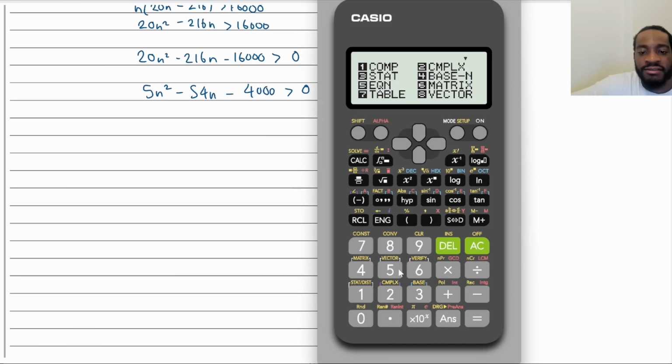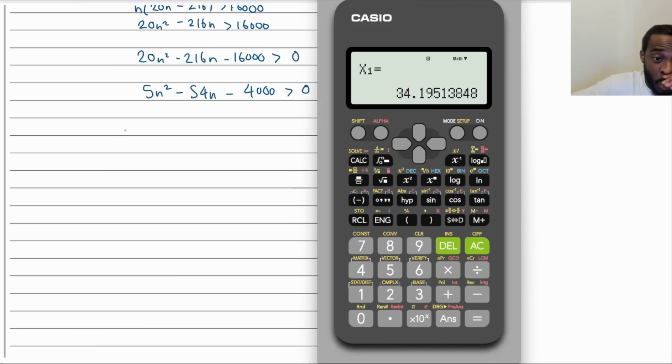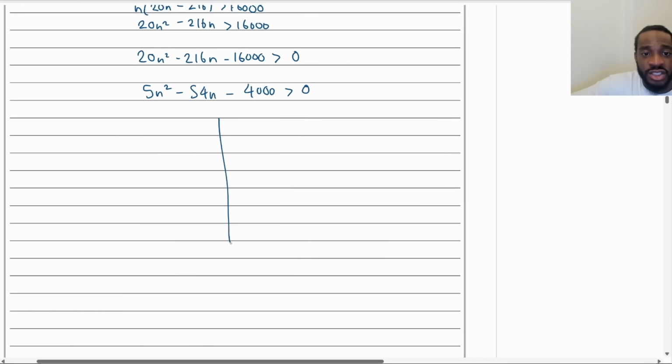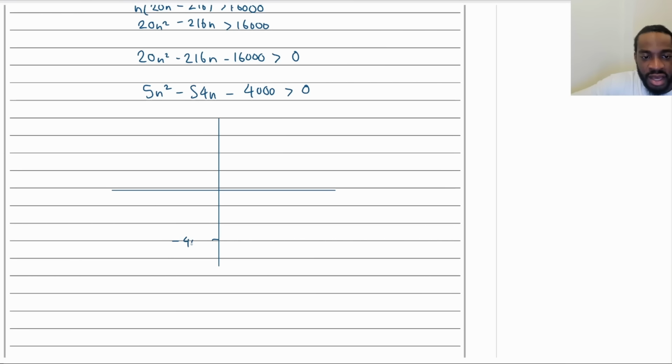So 5, minus 54, minus 4,000. It's 34.1. So if I was to sketch this now, a quadratic inequality, we're sketching this graph, right? Minus 4,000 is going to be right there.